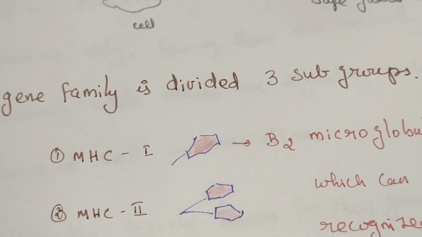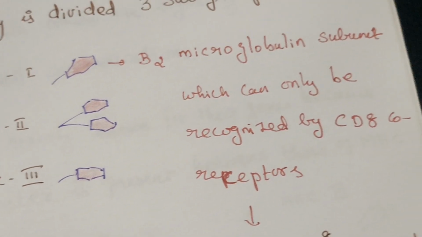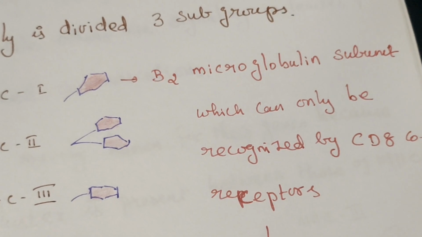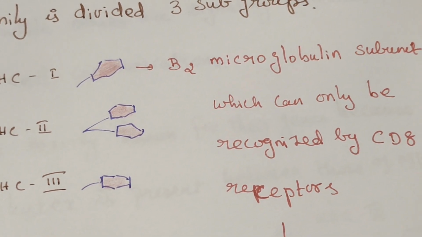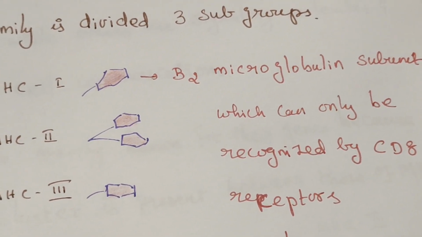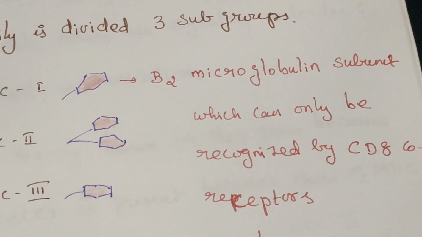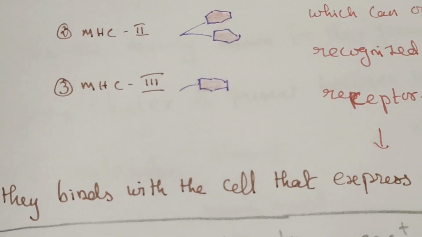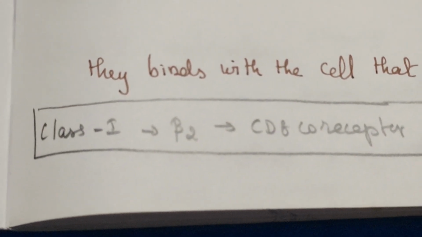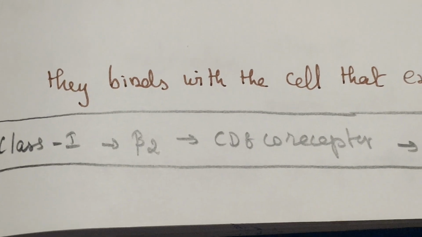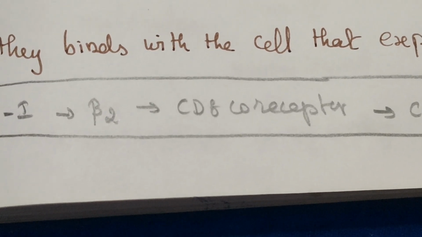MHC genes have three subgroups: MHC 1, MHC 2 and MHC 3. MHC 1 has a beta 2 microglobulin subunit, which can only be recognized by the CD8 co-receptor.